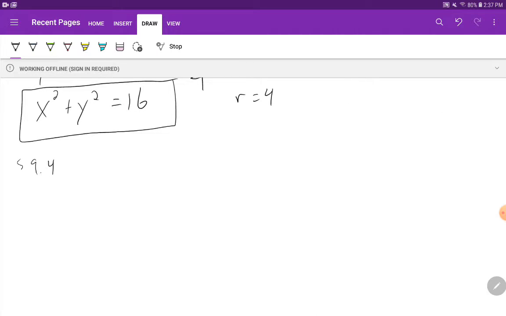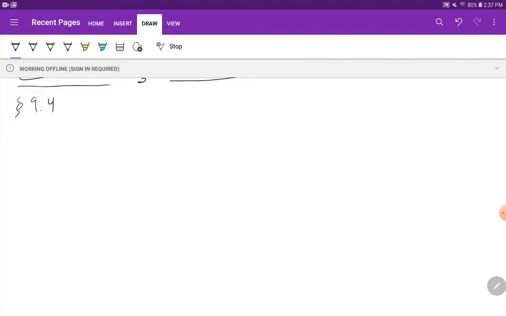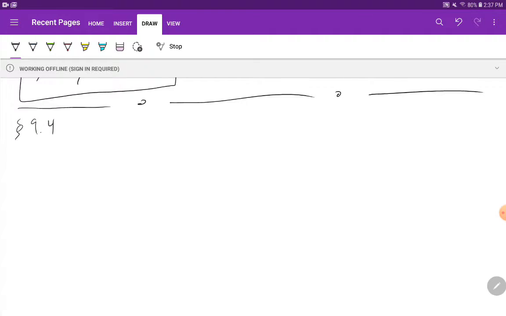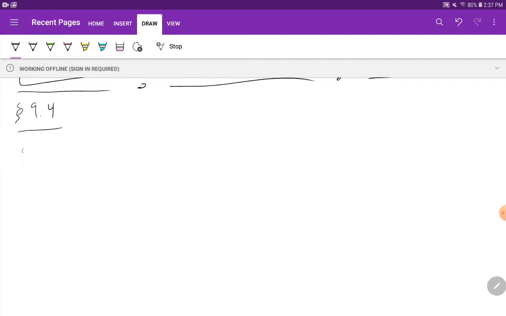Second part, we're talking about 9-4, and the thing I wanted to show you guys was this right here. We have an intuitive understanding of this formula, kP(M - P), right?